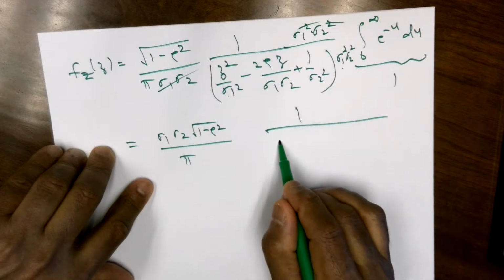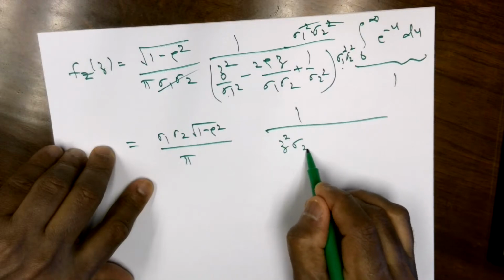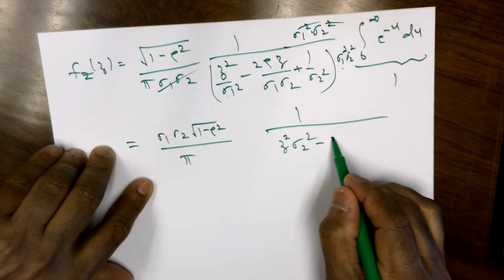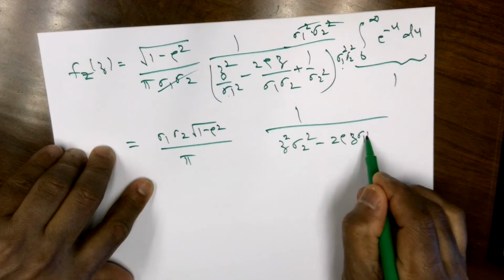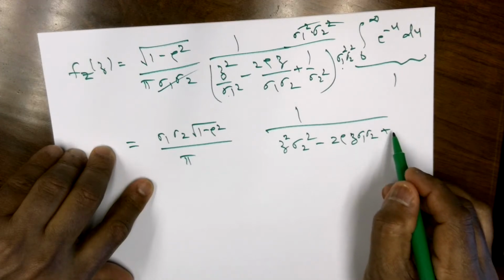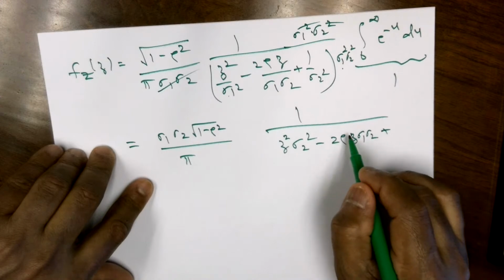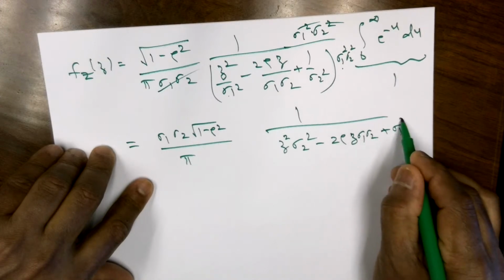anyway, let me write it down. Sigma 2 squared z squared minus 2 rho z sigma 1 sigma 2 plus sigma 1 squared.